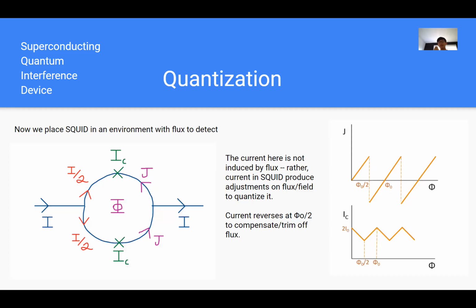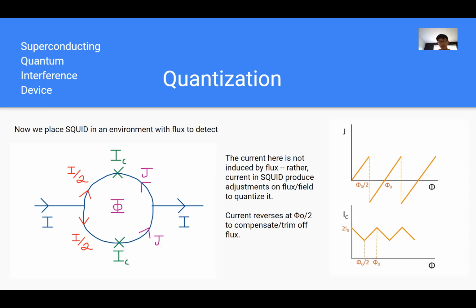So you have some flux in the middle, but this SQUID device, because it's in its superconducting state and it can produce alternating currents, if the total flux in the middle has some property of a flux that is larger than a quantized value, because as we discussed previously, all of these values are quantized, so you have to have some integer number value of a very small unit flux.